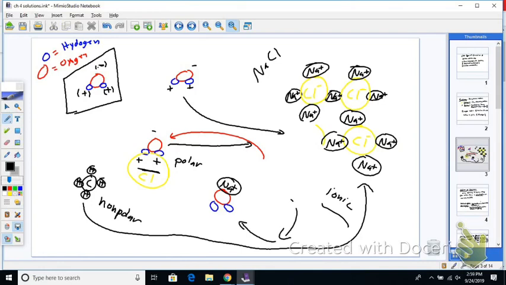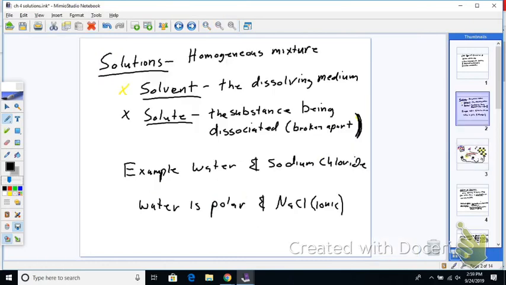And this is all going to stay together. And we're going to say that NaCl is insoluble when we have something that's nonpolar. There's nothing to pull those sodium and chlorine ions apart. So we would say that that is a situation where we don't have a solution that will form. It's nonpolar, it won't break it apart.